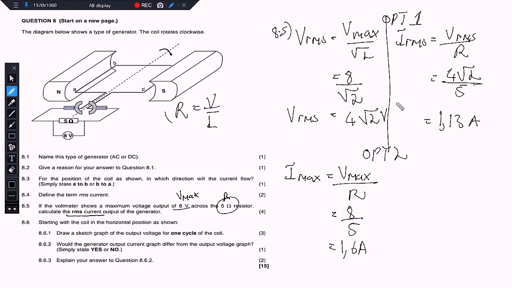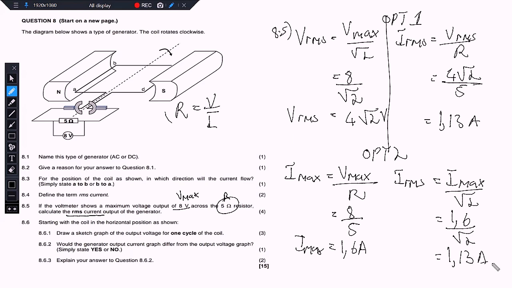Right, so let me note here it's V. And then to calculate the Irms, now that I have the Imax, I'm just going to use the formula Imax over root 2. Then it's 1.6 divided by root 2, which if you punch it into your calculator, you still get 1.13 amperes, right? So either way, you could have landed on the correct answer. Your choice in the way you approach it.